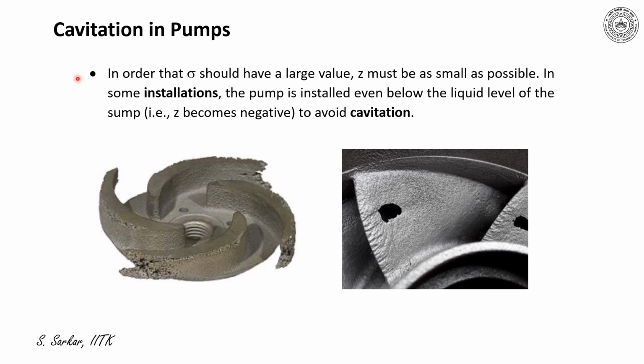In those cases where the pump is installed below the liquid level, Z becomes negative, and this kind of pump is called a submersible pump. Here I have indicated the cavitation damage in the case of a pump, and these pictures have already been explained.